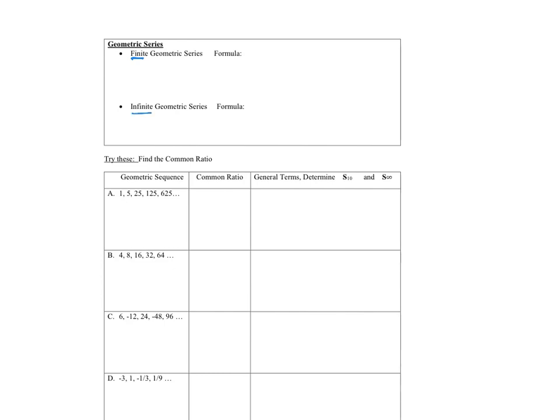So in a finite geometric series, S sub n is going to be equal to A1 times 1 minus R to the n, and all of that is over 1 minus R. In a geometric series that's infinite, we denote S infinity, and it's equal to A1 over 1 minus R, as long as our R value is a fraction that's less than 1.